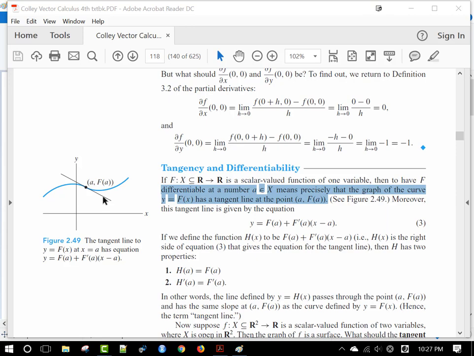And since we know the slope, it's just the derivative. Whatever the slope is, we'll just call it the derivative because they're the same thing. So we are assuming we have the derivative. Then you have a point and you have a slope. You should be able to write the equation for this line.